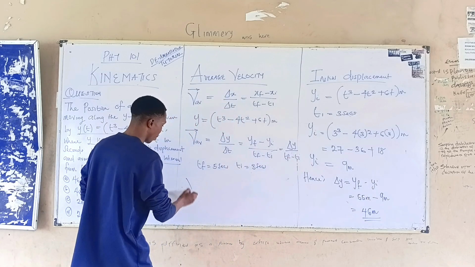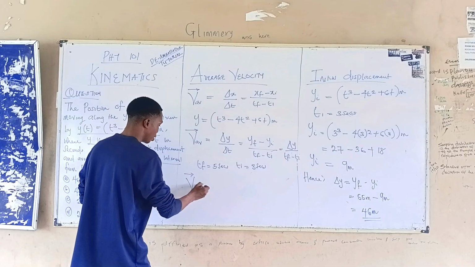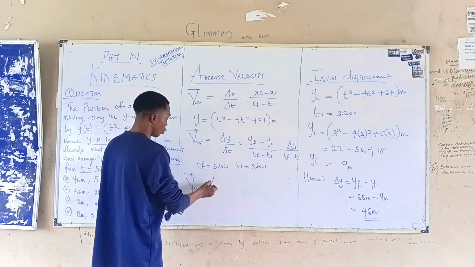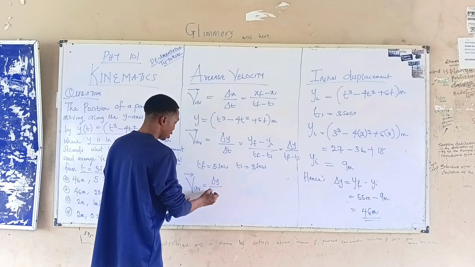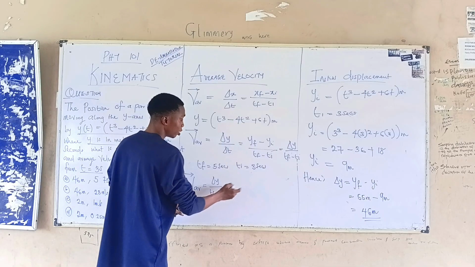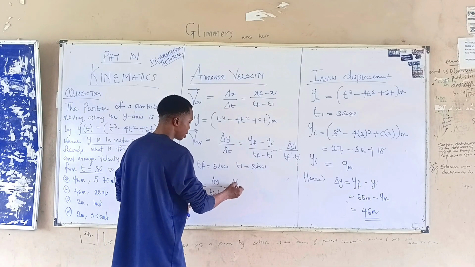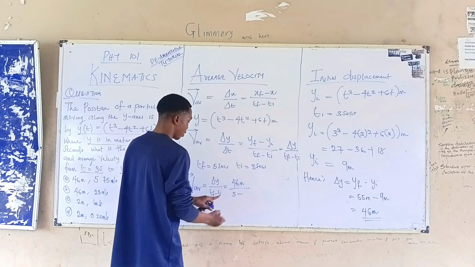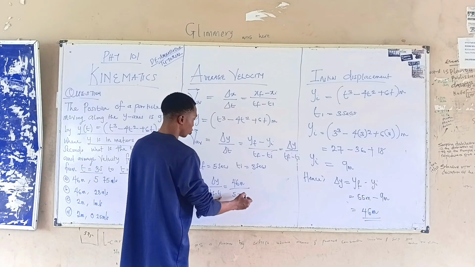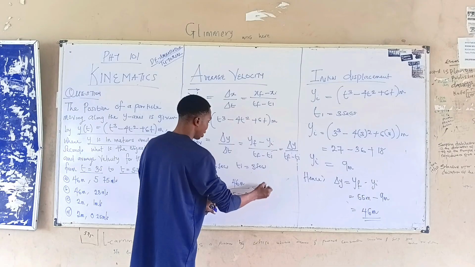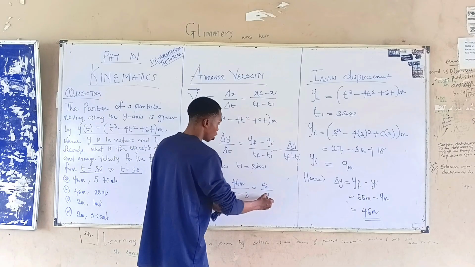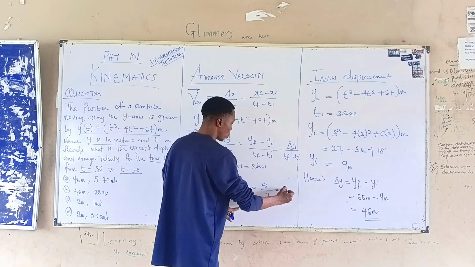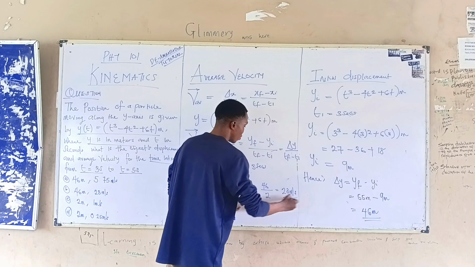All I need to do is get the value of my change in y over tf minus ti, which is 46 meter over tf, which is 5, minus ti, which is 3. So that will be 46 divided by 5 minus 3, which is 2, and that can be written as 23 meter per second.